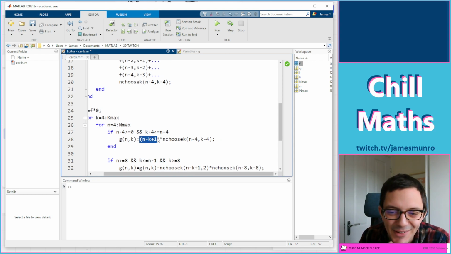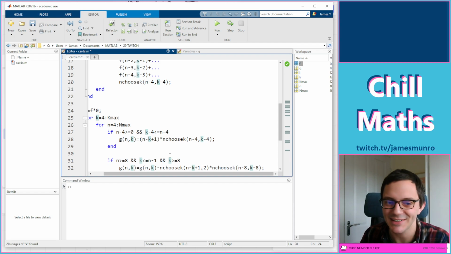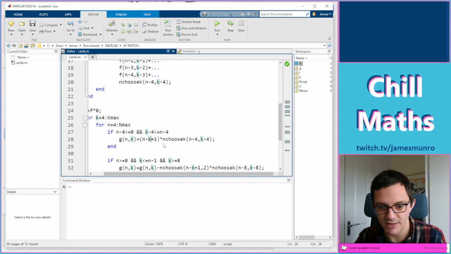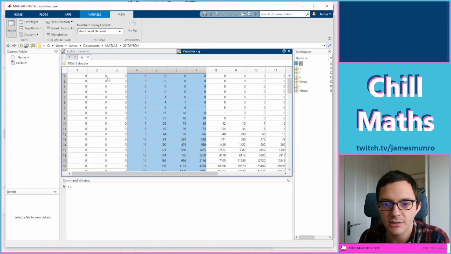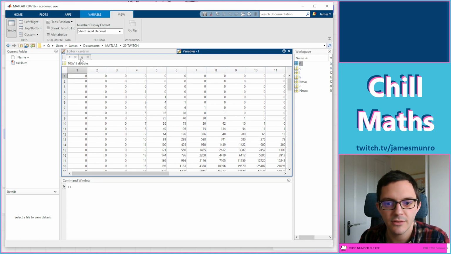The original one in here, by the way, is like n-k plus 1 choose 1. So there's kind of a pattern here: n-k plus 1, n-k plus 1 choose 2. If you do that and run it again, then this should have updated G. So now I hope that these things agree in the first 11 columns, which looks pretty good.